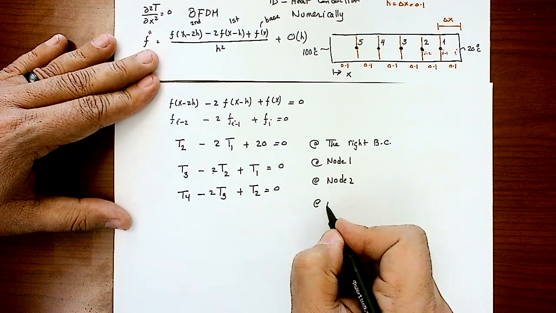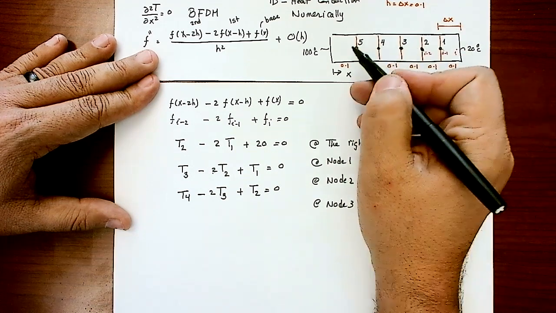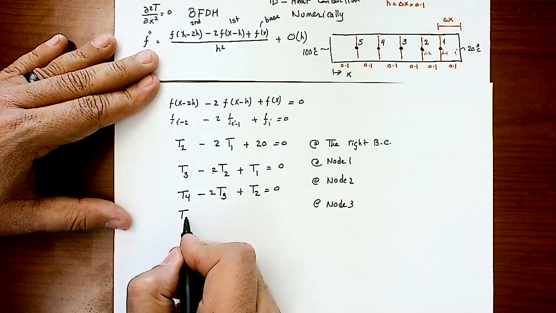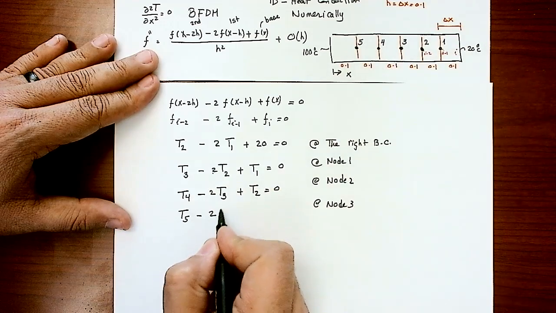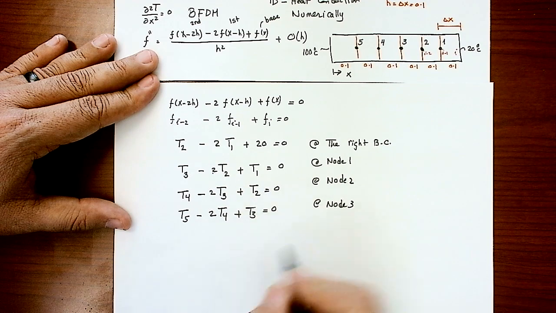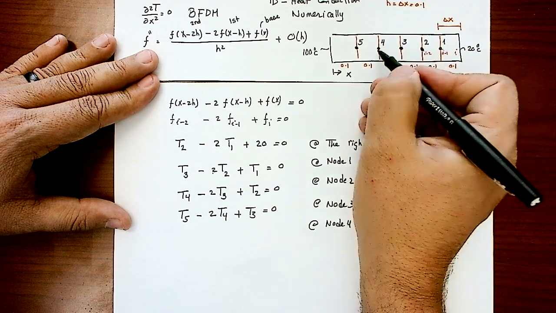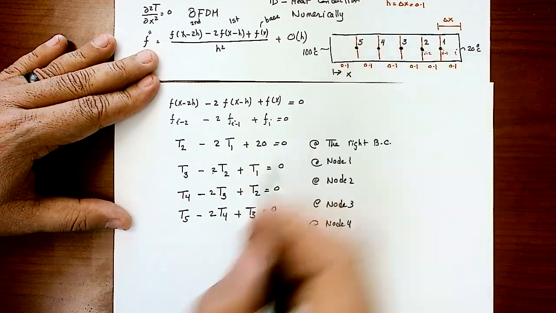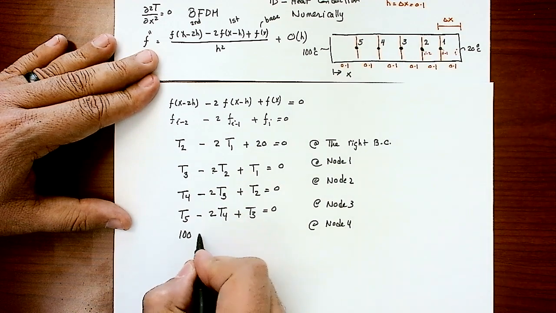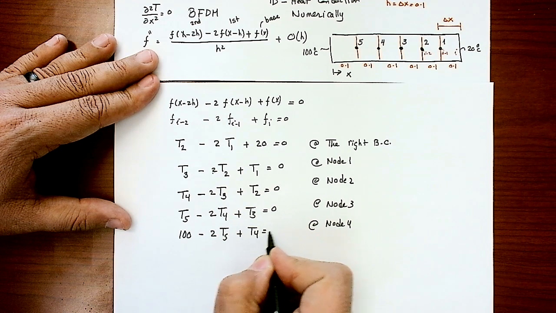What about node 3? This is my i minus 1, i minus 2: temperature at 5, minus 2 times the temperature at 4, plus the temperature at 3 is equal to 0. Then I'm going to go for node number 4. This is my i minus 1, i minus 2. So I will have 100 minus 2 T5 plus T4 equal to 0.